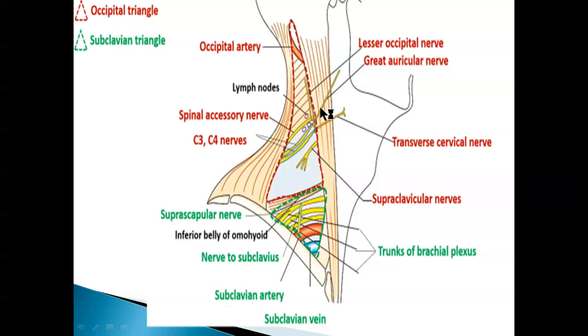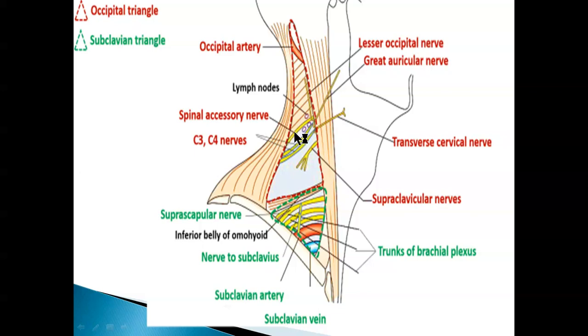The spinal accessory nerve comes behind your sternocleidomastoid, pierces it, and innervates your SCM, then comes out in the posterior triangle, to be more precise, in the occipital triangle, and goes further down and innervates your trapezius muscle. The spinal accessory nerve is very important, and it is very superficial.